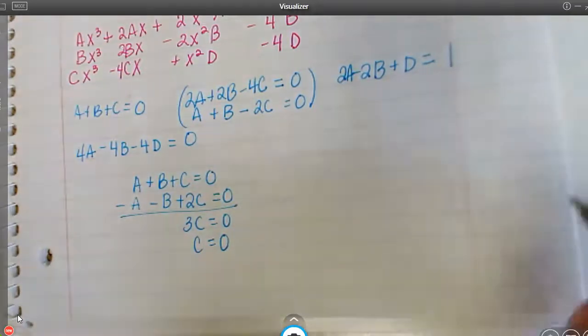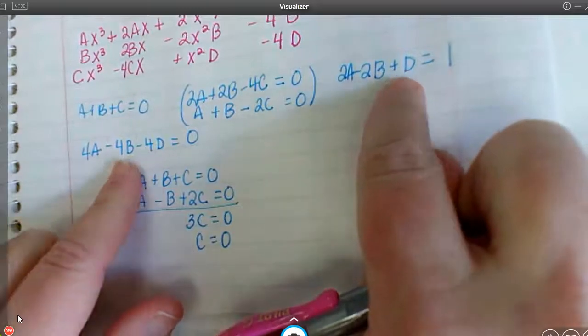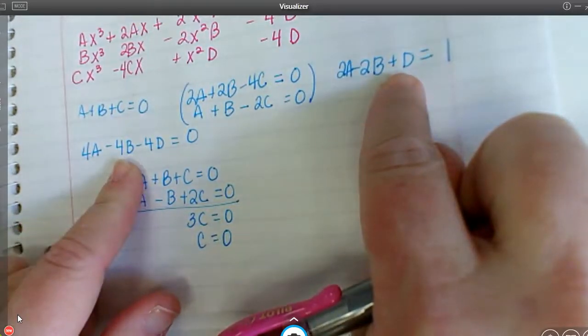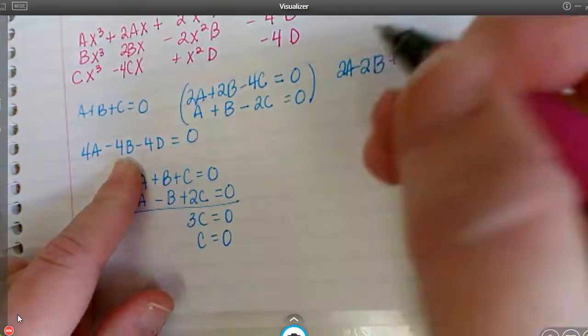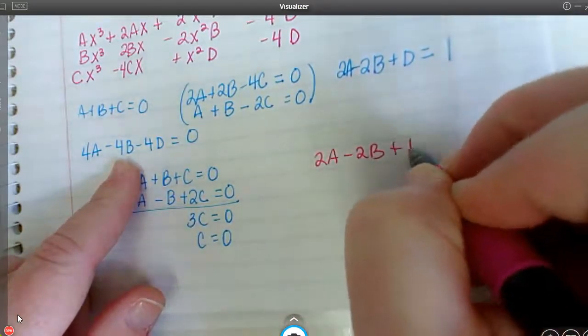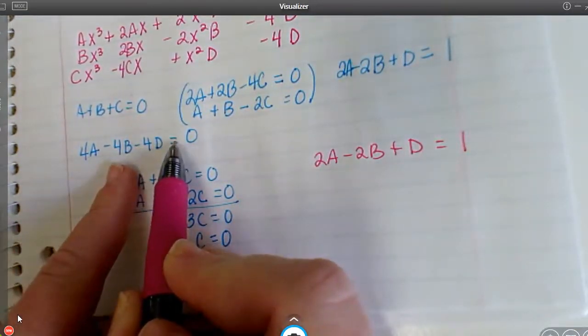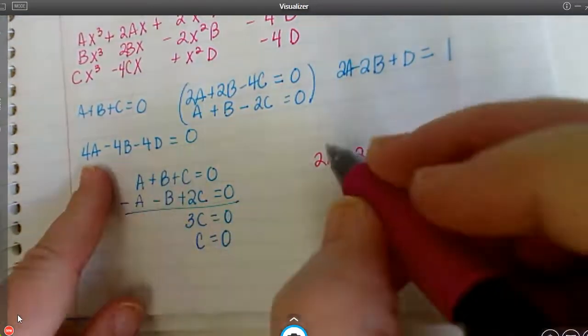Okay, let's see what else we can do. Maybe we want to take these two equations because they all have the same A's and B's. Maybe they'll work itself out. So I have 2A minus 2B plus D equals 1. I'm going to divide all that by 2 as well. And I'm going to change those signs.